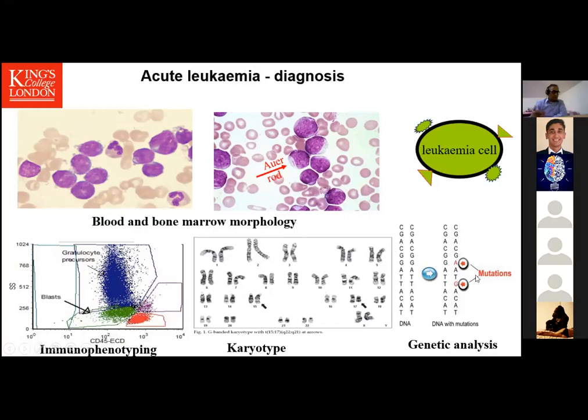The cytogenetics could be normal, but there may be mutations, a genetic abnormality in terms of mutation. And the two most important mutations in AML, you would like to note down, is FLT3, the FLT3 mutation, which is a harbinger of poor prognosis in AML.